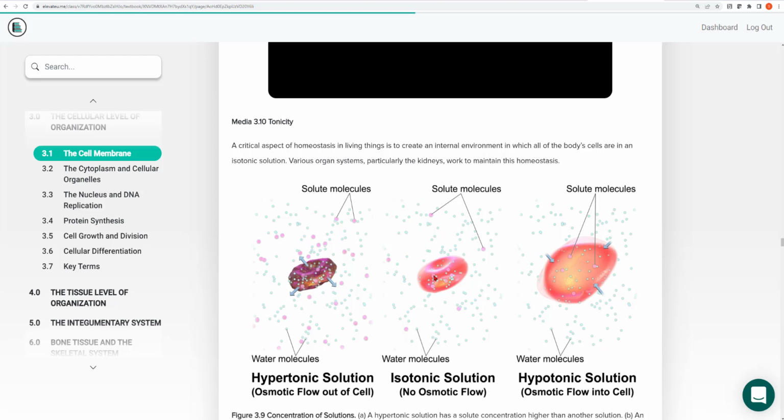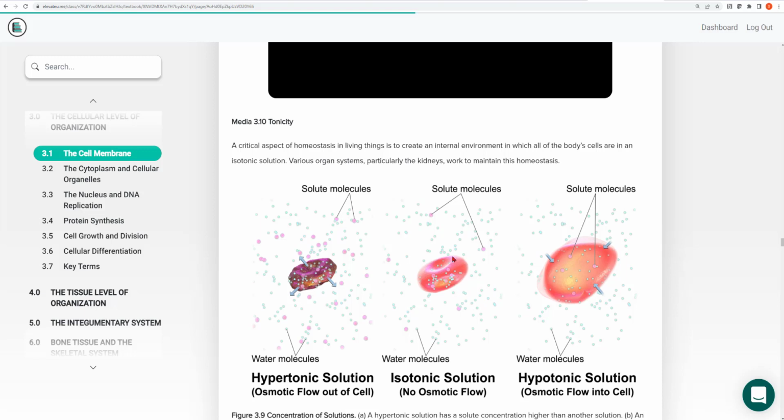So the cell is sitting here in an environment, and it's what we call an isotonic environment. The cell is in a solution that matches the same tonicity. The same amount of solute is found outside and inside. As a result, the cell is in equilibrium.